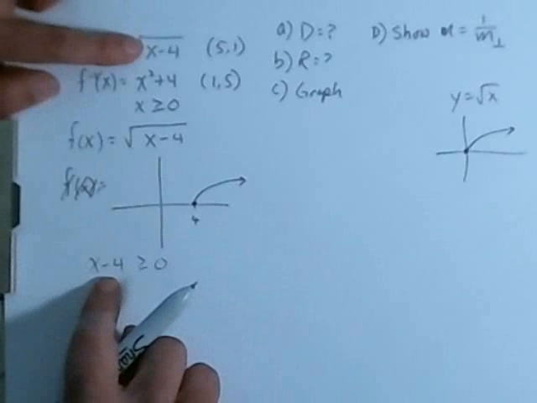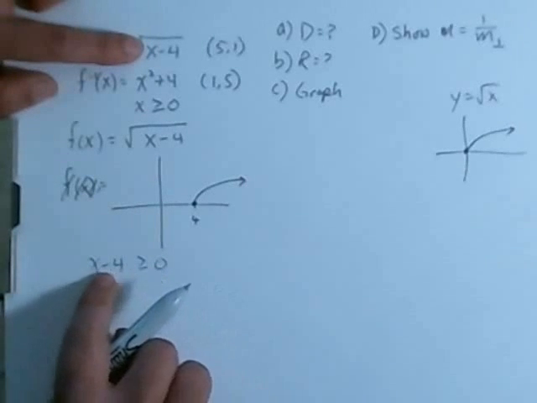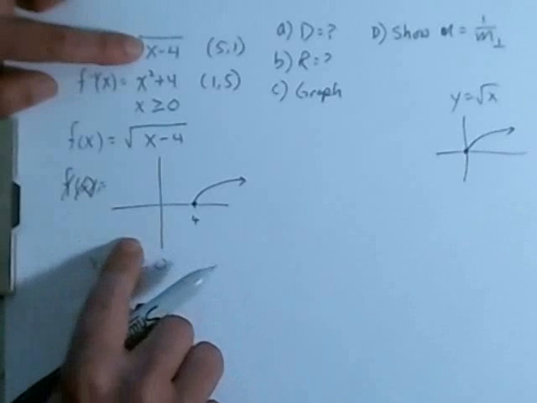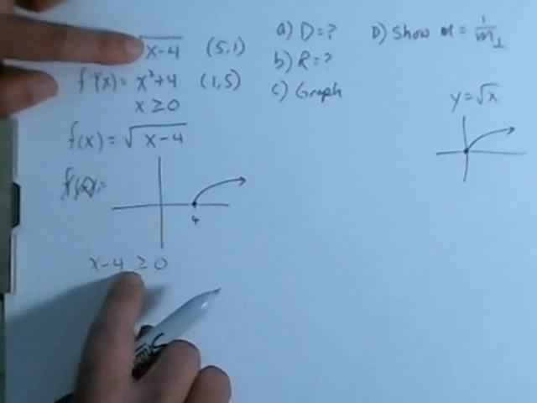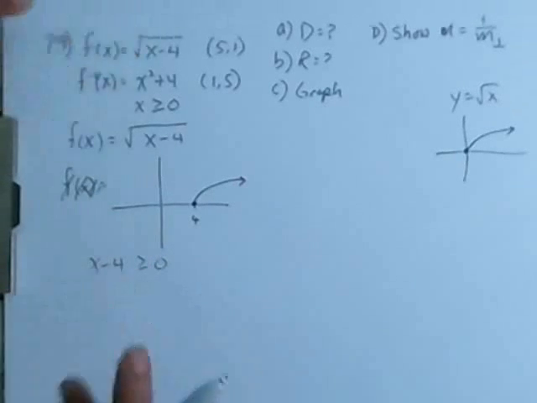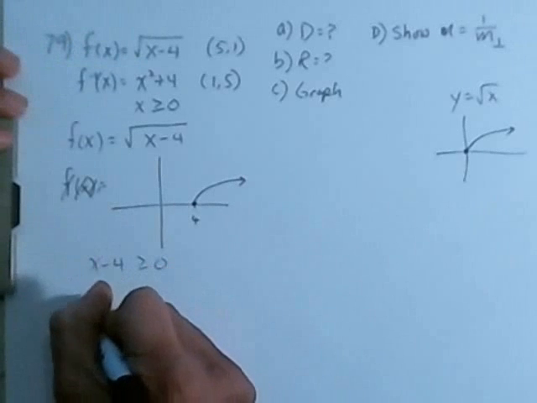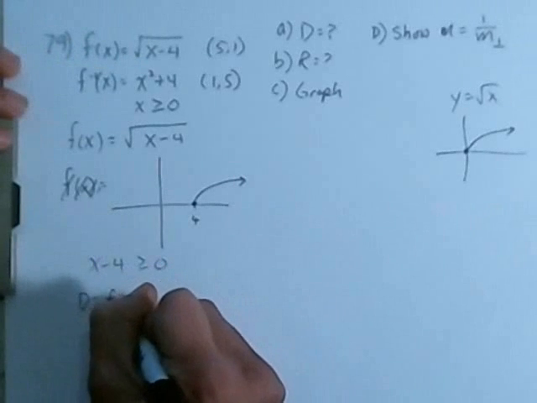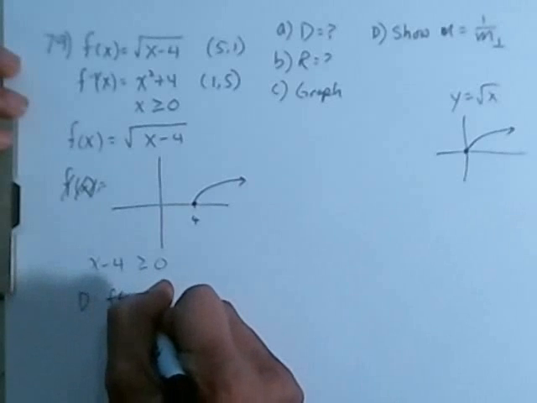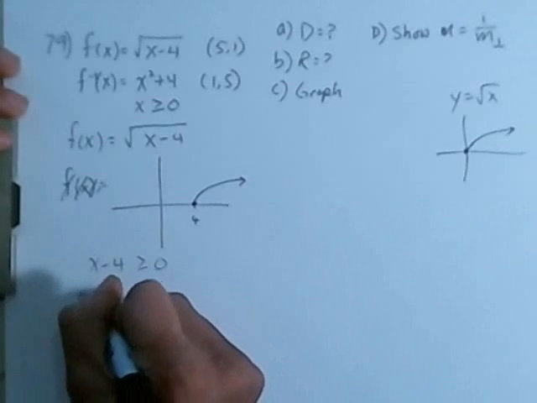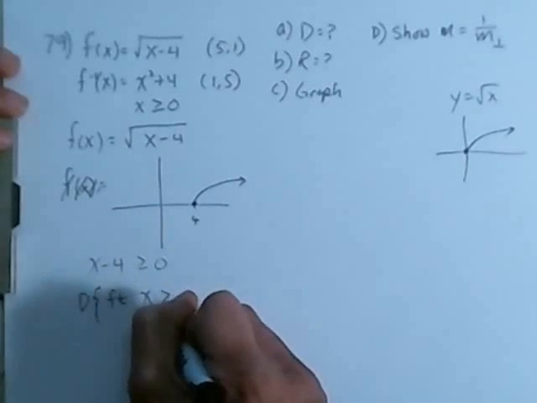Notice that the inside has to be greater than or equal to 0, or else it'll be an imaginary number. This means it's positive or 0. Solving this out, the domain for the function f is x is greater than or equal to 4.